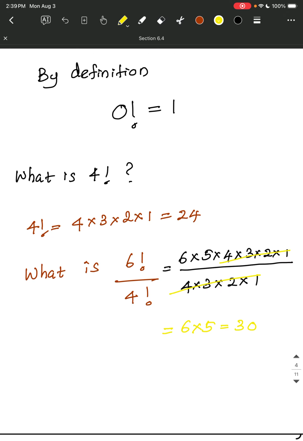Okay, then let's go for the permutations. A permutation is an ordered arrangement.